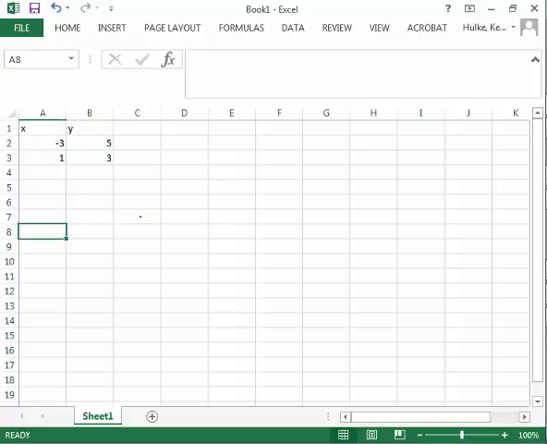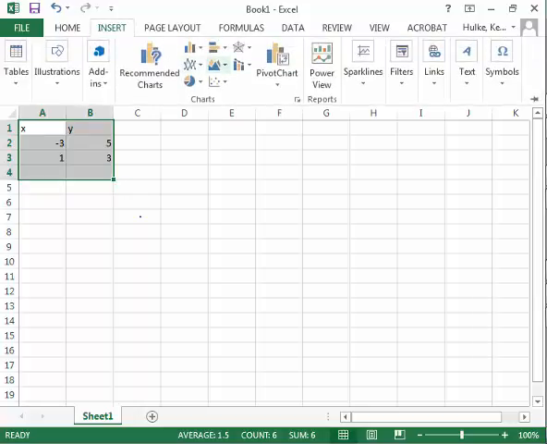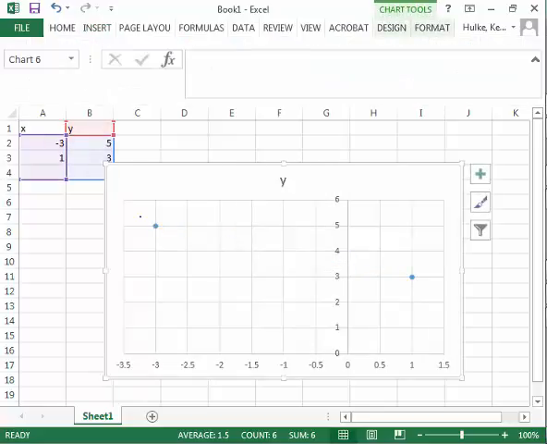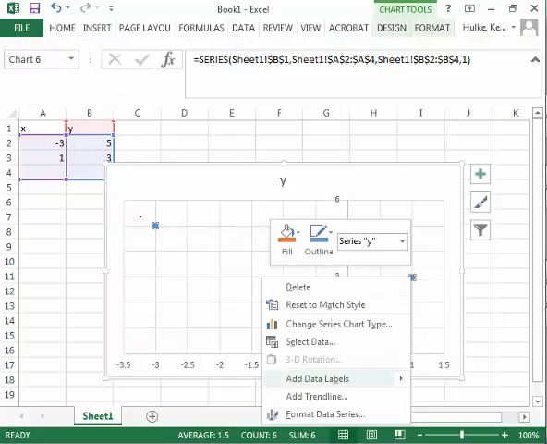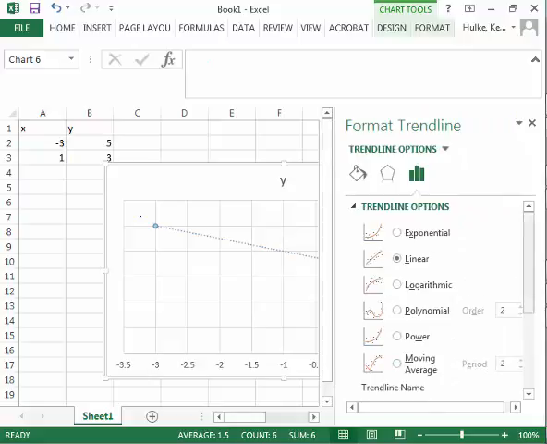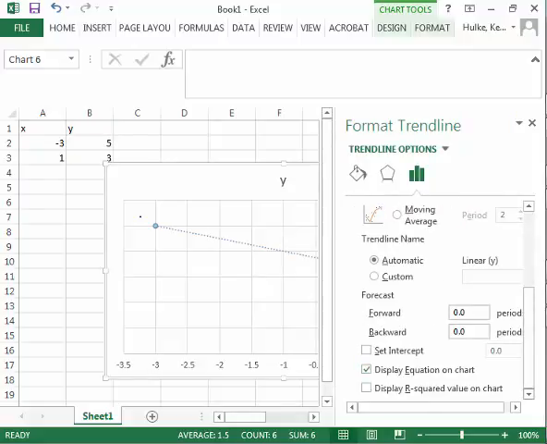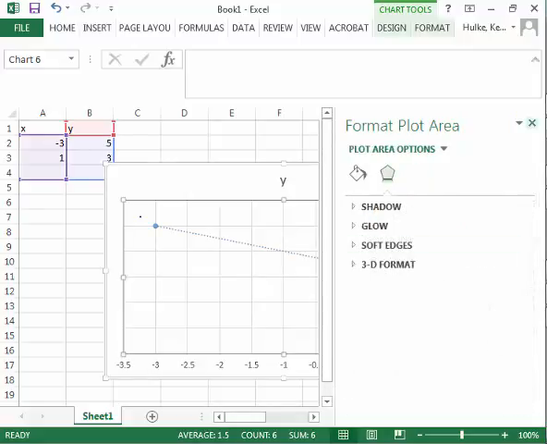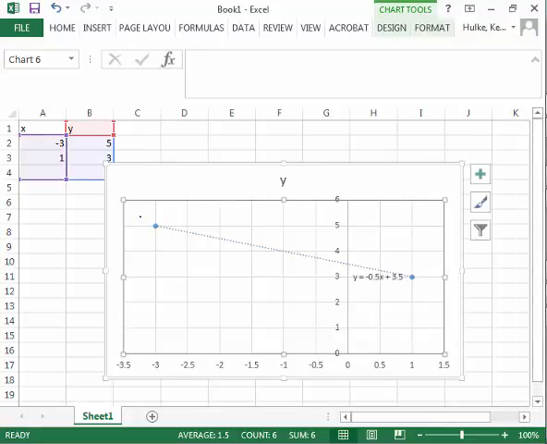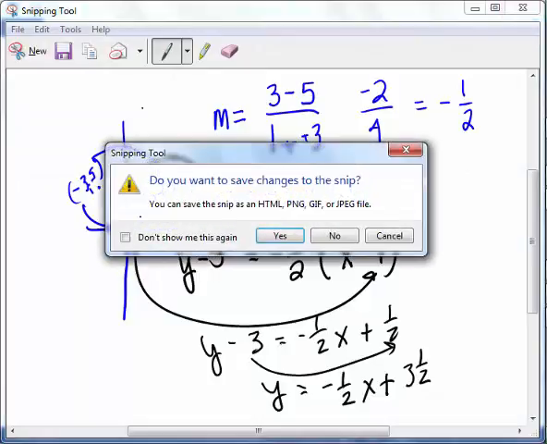You have to actually add a blank spot, so put in one extra spot after you enter your data, then go insert a scatter plot, and when you do, add a trend line and put in the equation, and when you do, you can see that you get y equals negative 1/2 x plus 3.5. So that's how you do that problem.